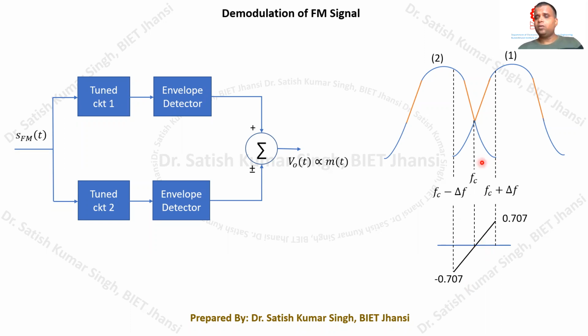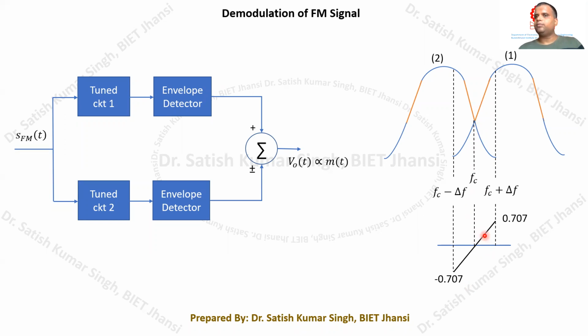So here we are going to get the value equal to 0. Now, when we move towards greater than fc, we can see that the gain of tuned circuit 1 is increasing slowly, and the gain offered by circuit 2 is reducing slowly. So if we subtract this, we get a certain value.